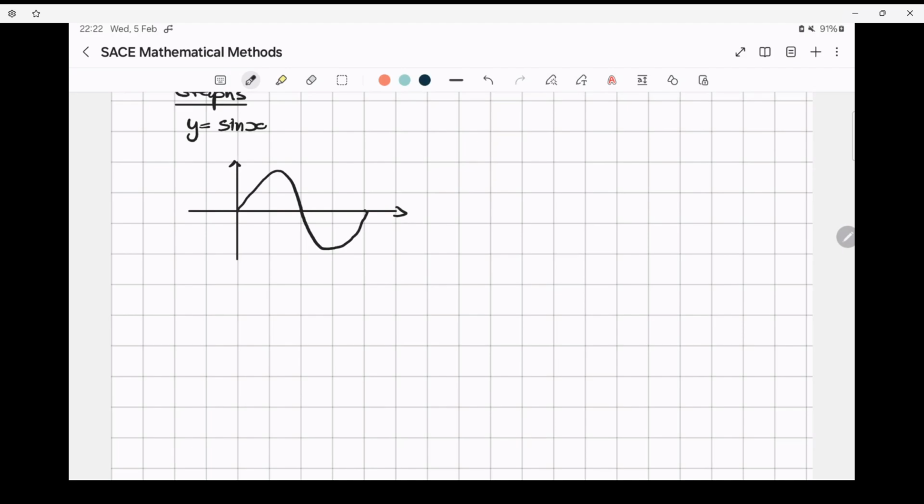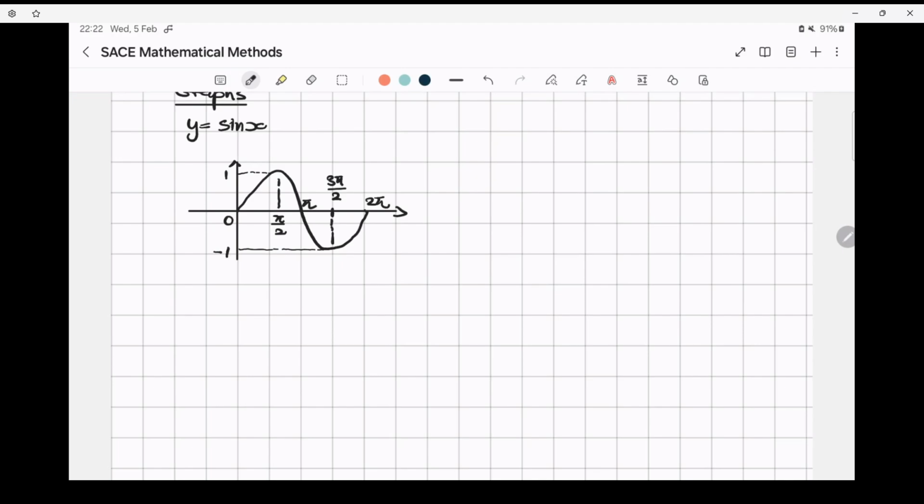So this is 0. Over here, this will be pi over 2. This will be pi. Here will be 3 pi over 2. And then over here is 2 pi. And they correspond to 1. Here corresponds to minus 1.